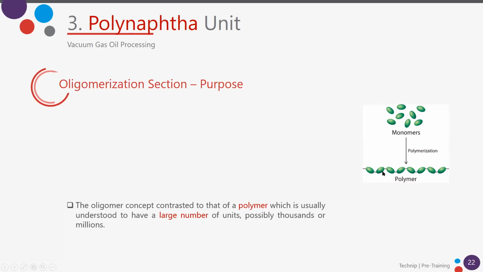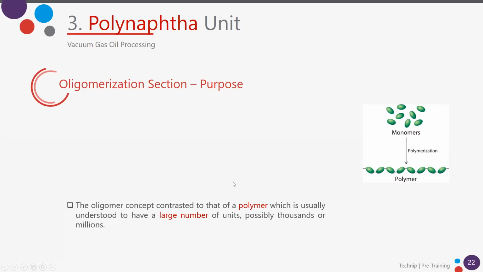This polymer can have thousands of this monomer. But in the oligomer, we have only 2, 3, 4 molecules in the chain. That is the main difference, because poly in Greek is many, and oligo is a few. So the oligomer will have fewer molecules than the polymer.